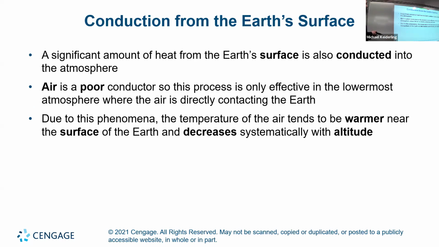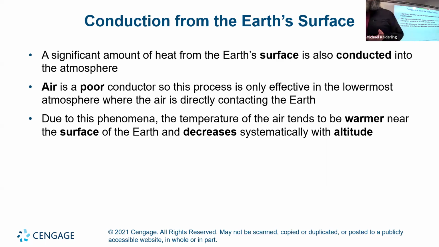And then there's conduction from the Earth's surface. There's also a significant amount of heat that's just directly conducted from the surface of the Earth into the atmosphere. Now, air is not a very good conductor, which is why we use trapped air as an insulator to keep things warm or cold. So this process is really only effective in the lowermost atmosphere where air is directly contacting the Earth.